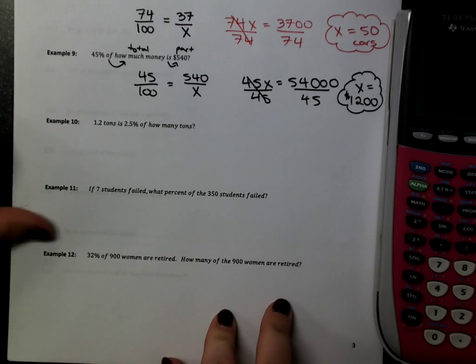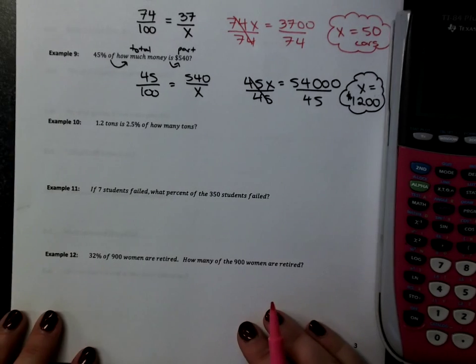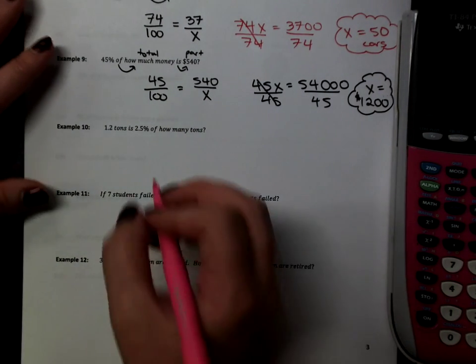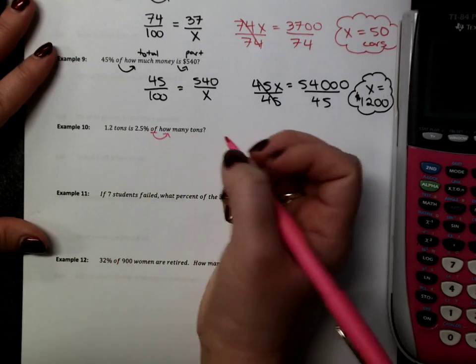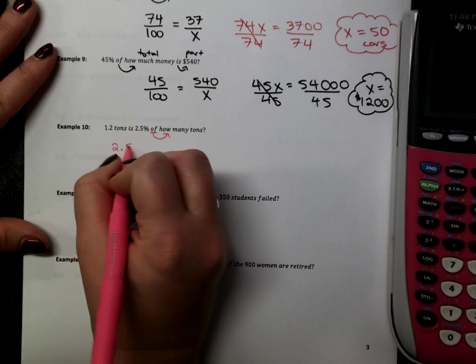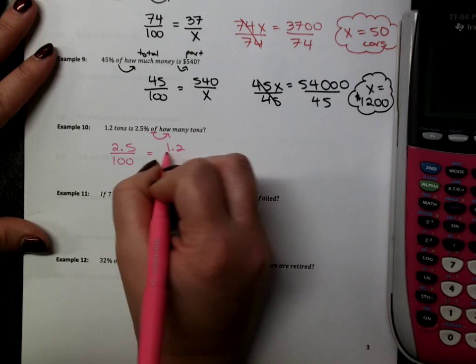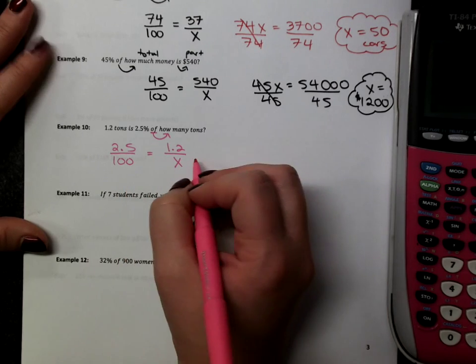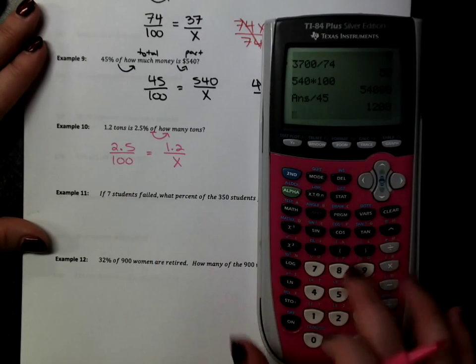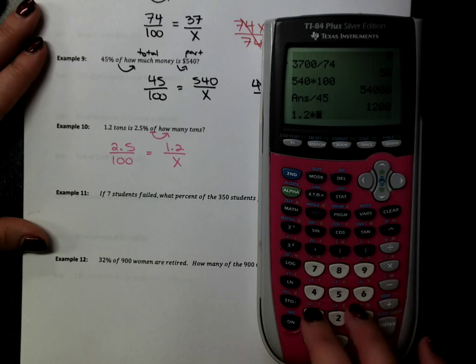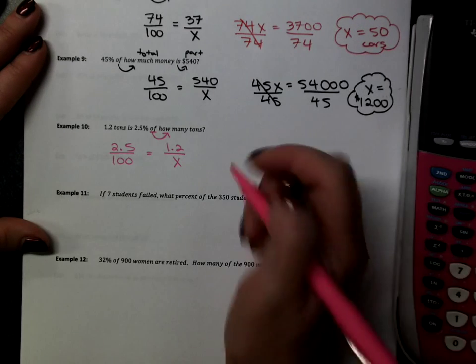Example 10 says 1.2 tons is 2.5% of how many tons? So 2.5 out of 100 equals 1.2 out of x. So again, we're looking for the total. So 1.2 times 100 is 120.